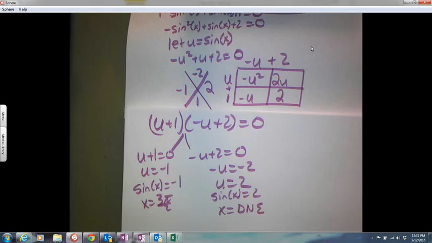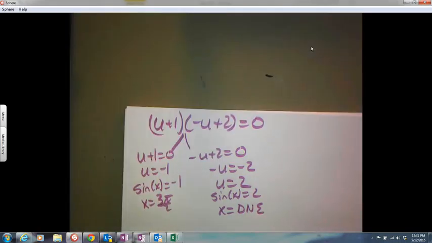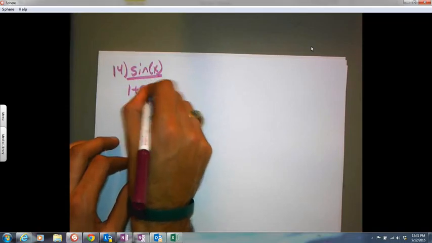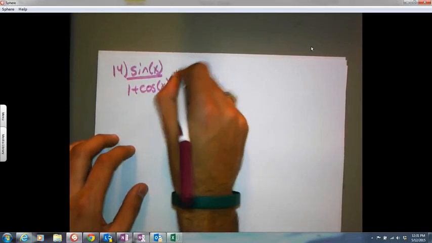Number 14 is F. Sine of x over 1 plus cos x plus 1 plus cos x over sine of x. And they just want us to simplify this.